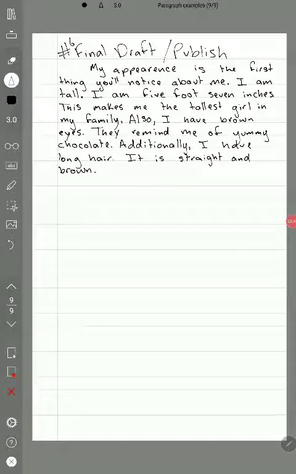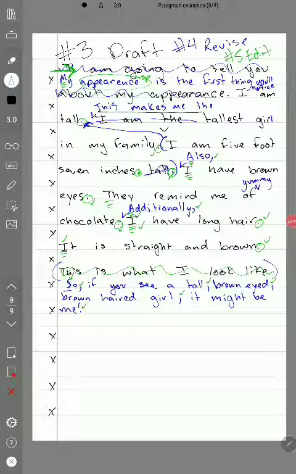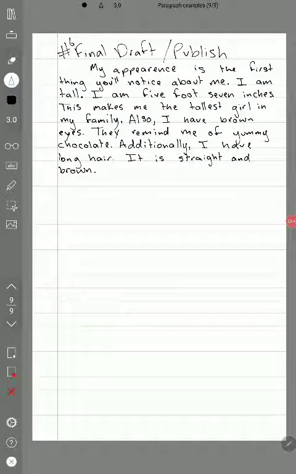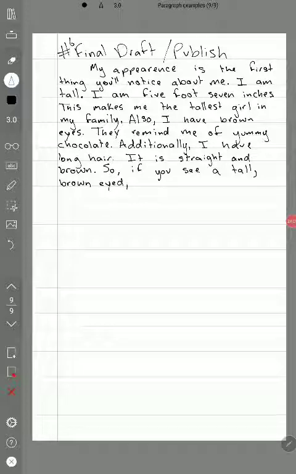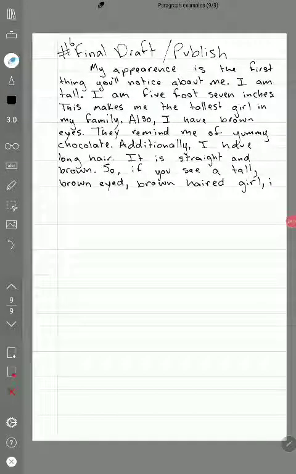Then I gotta write my conclusion. So if you see a tall, oh yeah. So capital A. So if you see a tall, brown, oops, don't forget comma, brown-eyed, brown-haired girl, it, oop, nope, not enough space.